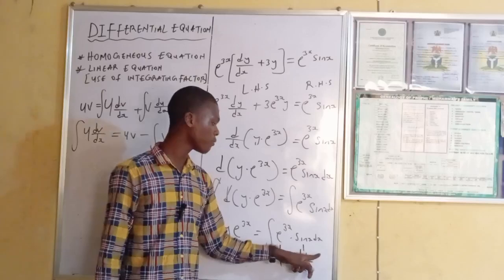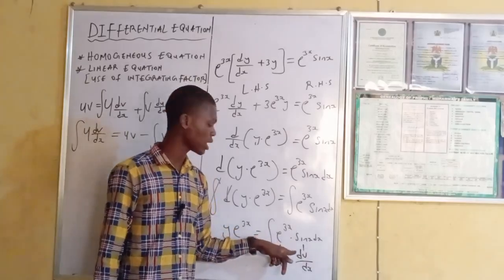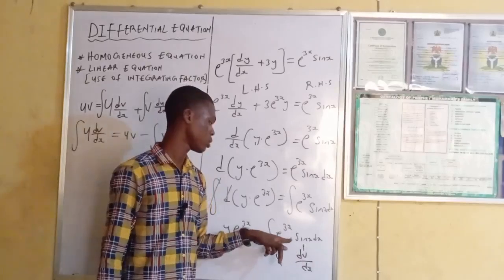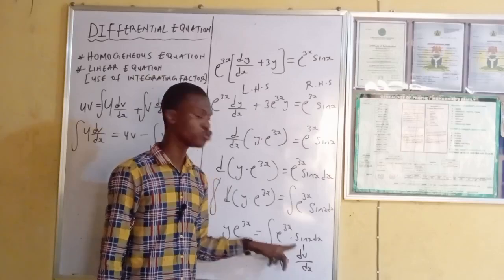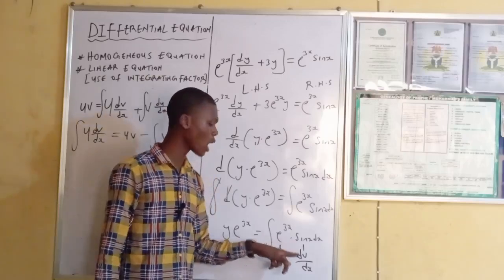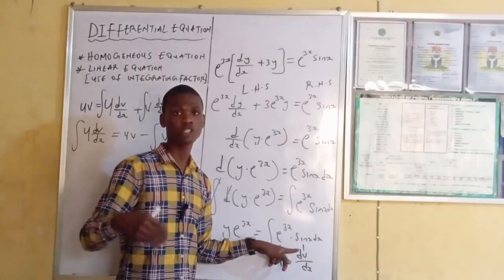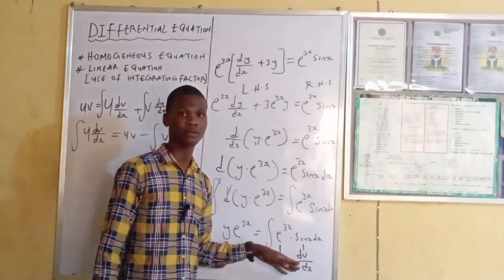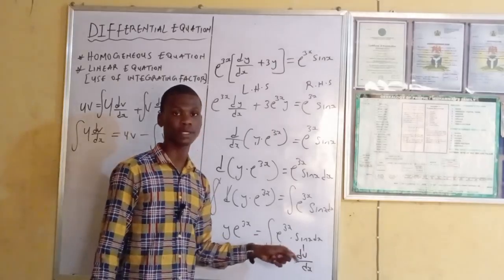What if the two functions involved in this integral are ln x and exponential 3x? Priority will be given to ln x, meaning u will be ln x, while the dv over dx will be exponential 3x. But you can watch my video on integration by parts for more understanding.